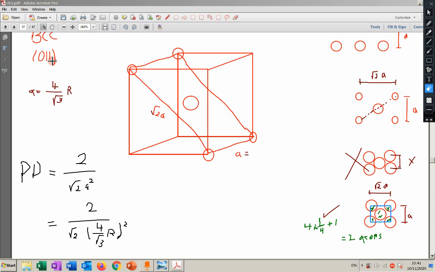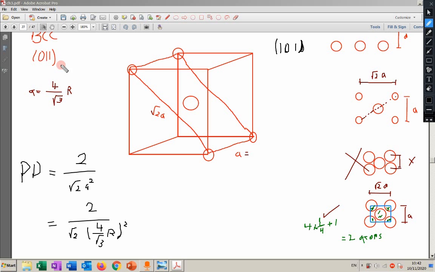Now this is 0, 1, 1. If I draw another plane with 1, 0, 1, a plane 101, this is the same family, yes? Remember family, what we said? They have similar indices, like 2110.